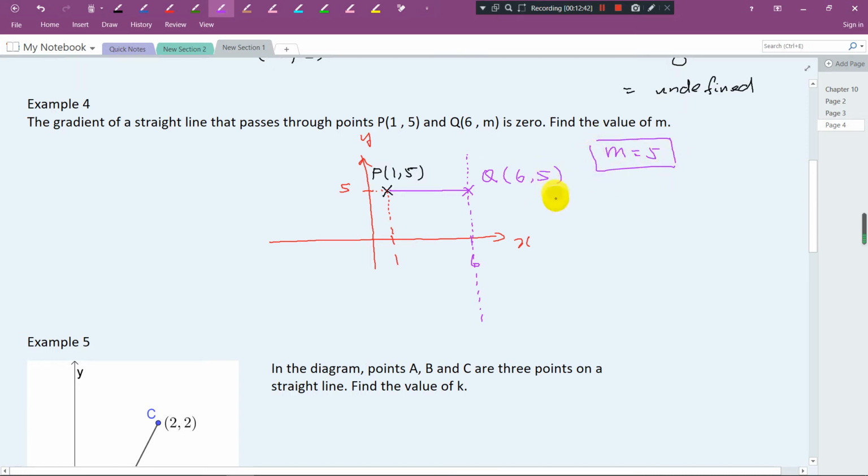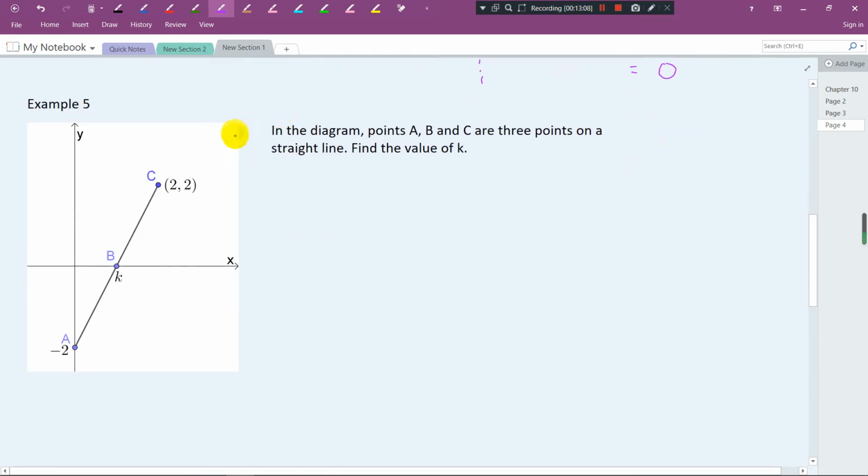Same thing, if you want to double check your answer, you can do it this way. y2 minus y1 over x2 minus x1. This gives you 0, this gives you 5. 0 divided by 5, you get 0. Okay, our answer is correct. m is equal to 5.